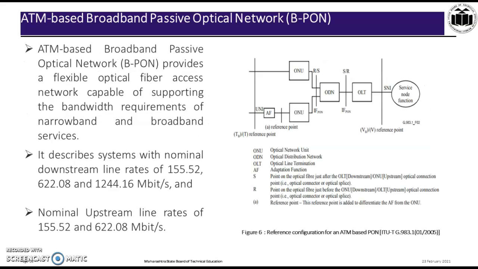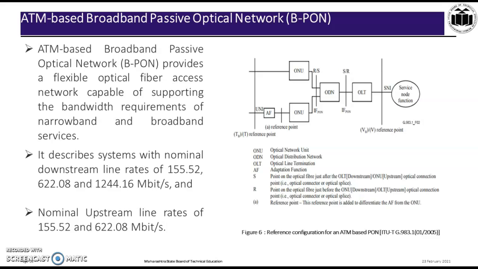Moving towards the details of the ATM based broadband passive optical network. It may be called the BPON. This BPON provides a flexible optical fiber access network that is capable of supporting the bandwidth requirements of narrowband as well as broadband services.